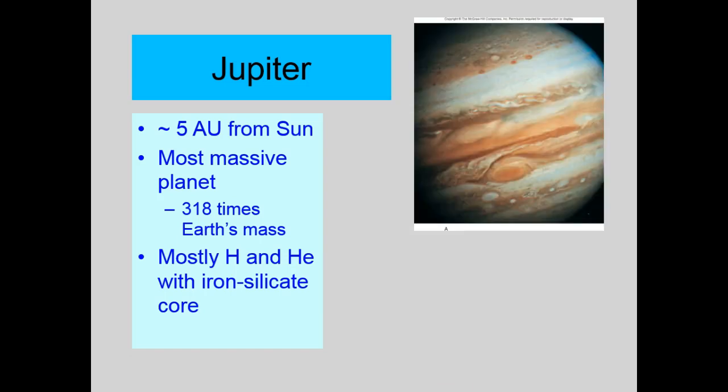Okay? Here is a picture of Jupiter, and this is basically a picture of its outer atmosphere, which is those gases, hydrogen, helium, and methane. And this is called the Great Red Spot. It's a huge storm that's been raging on the planet Jupiter as long as we've seen the planet Jupiter.